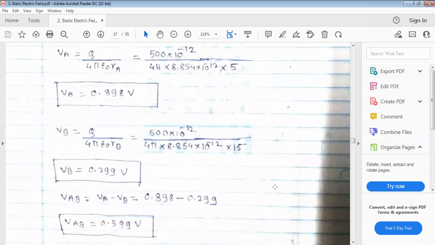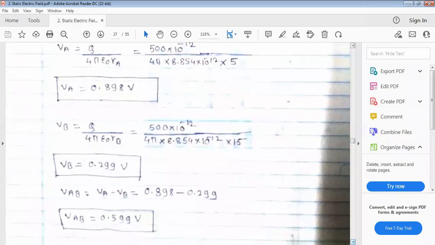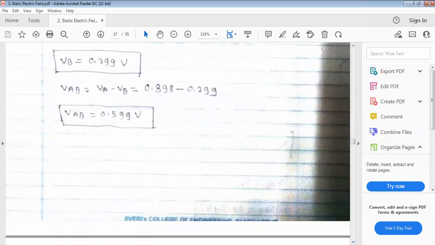That is VA minus VB, where VA is 0.898 and VB is 0.299. If you find the difference, then VAB is equal to 0.599, that is approximately 0.6 volts. So in this way you can find it.